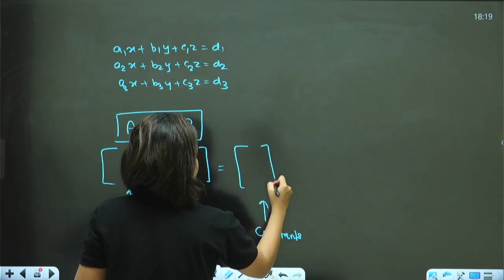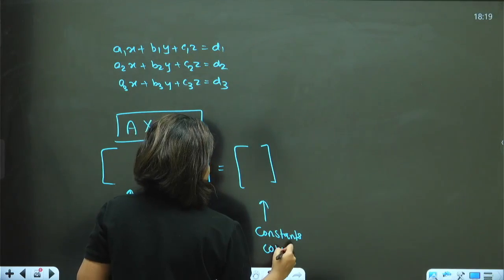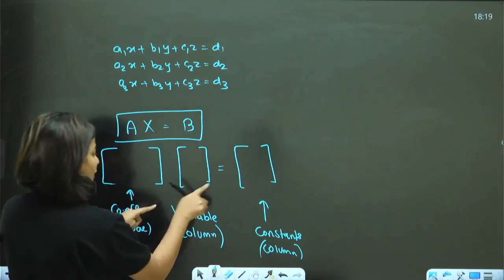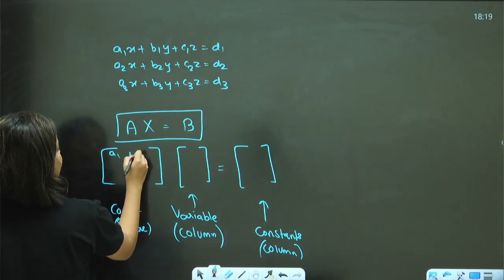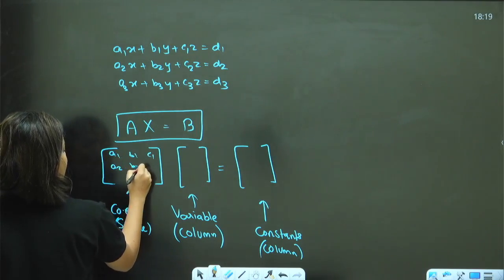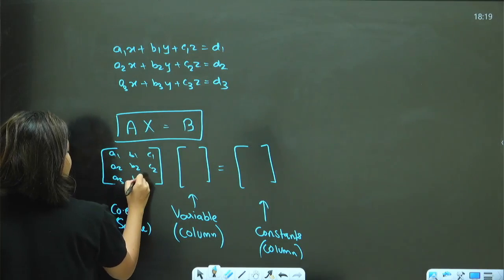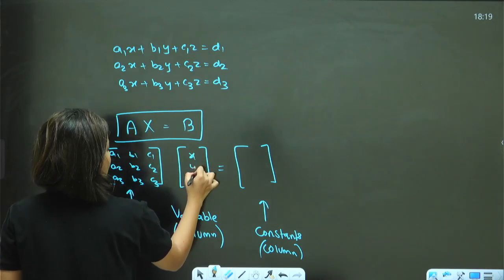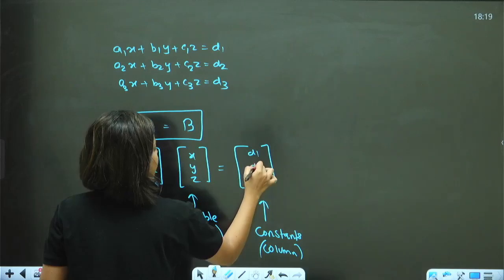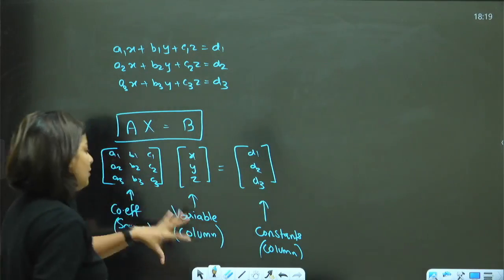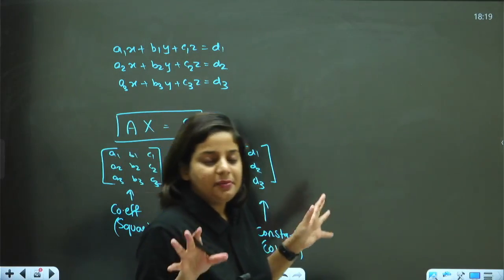B will always be a column. You can check by order also. A1, B1, C1, A2, B2, C2, A3, B3, C3, X, Y, Z, D1, D2, D3. We need to find X, Y, Z. Our aim is to find X, Y, Z.